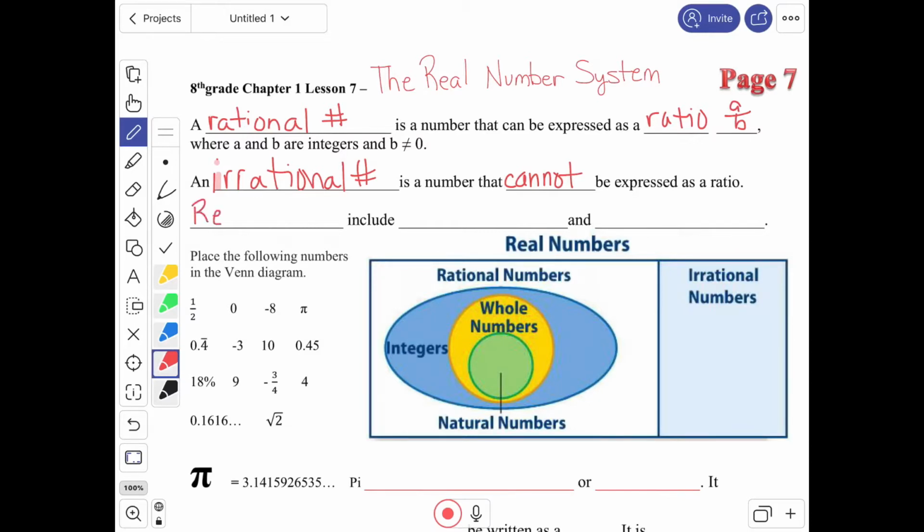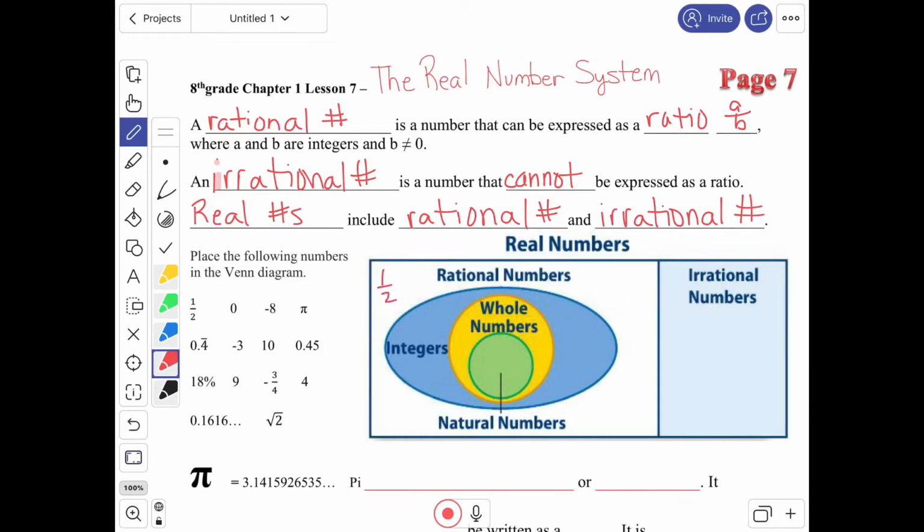These really cannot be written as a fraction. Real numbers include rational and irrational. So we're going to place some of these into the Venn diagram.